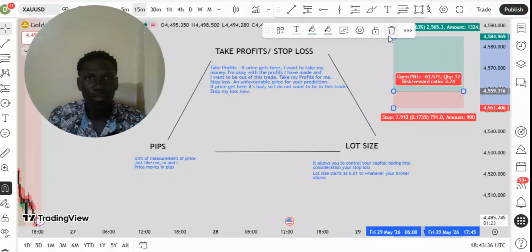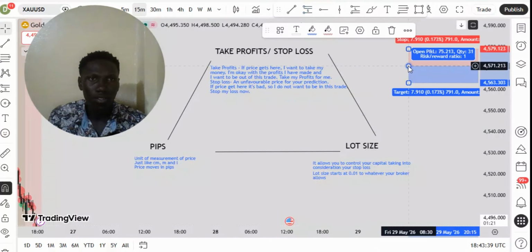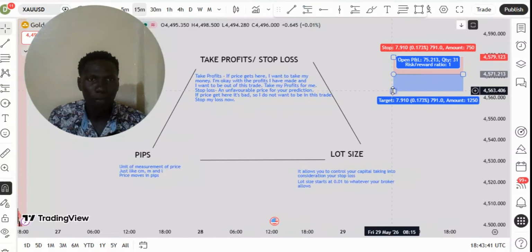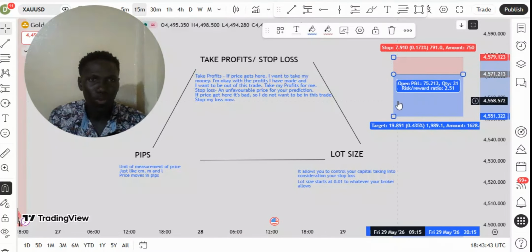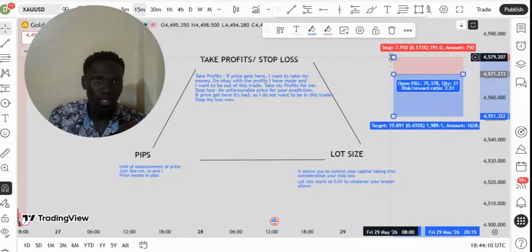Now, the same thing for sells. If you are predicting the price is going to go down, same thing. This blue area is your profit area, or profit zone. And the red area is your loss zone. So if price gets to the tip of this red area, you will be stopped out, which means you get out of the trade. You understand?